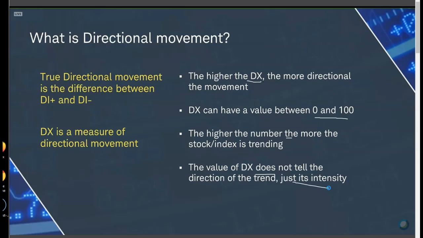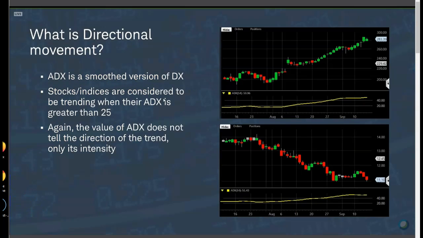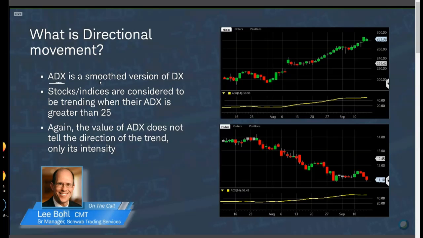So it's a measure of trend strength, but not direction. Now, in practice, DX is very wiggly, so we smooth it down. The smooth version of DX is called ADX. Stocks or indices are considered to be trending if their ADX generally is greater than 25. And again, the value of the ADX does not tell you the direction of the trend, only its intensity.